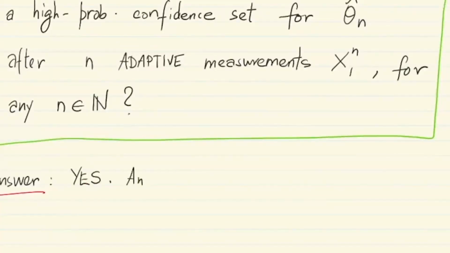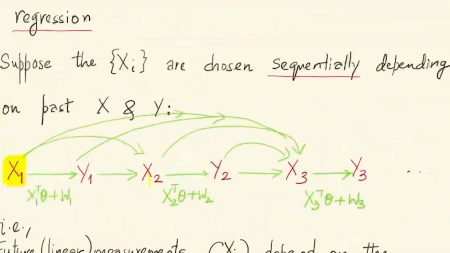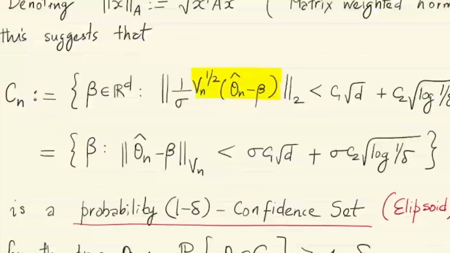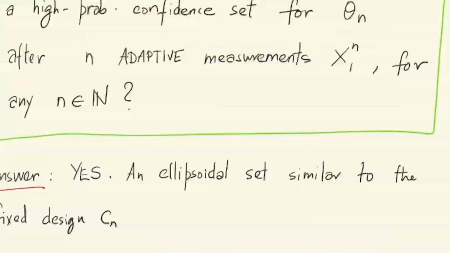In fact, we will argue now that an ellipsoidal confidence set, very similar to the fixed design confidence set that we called Cn in the equation star, can be constructed.